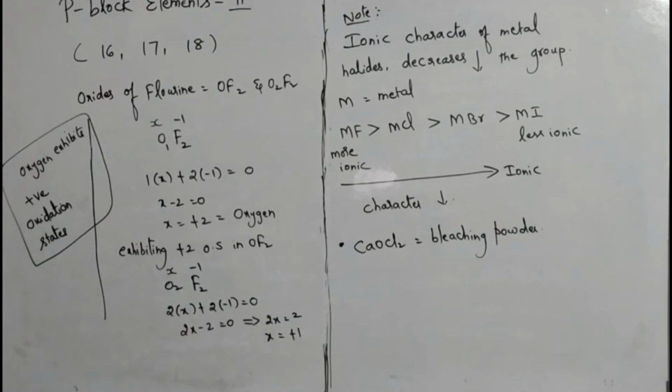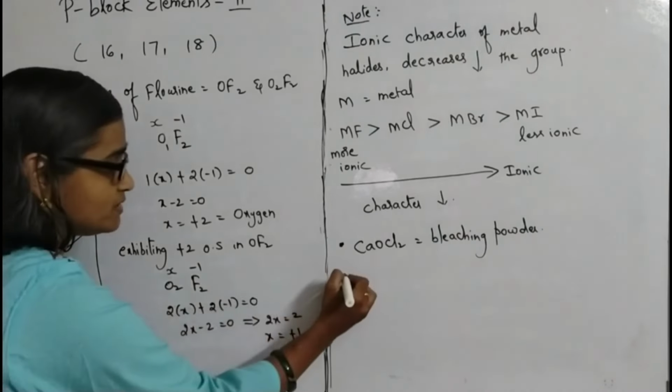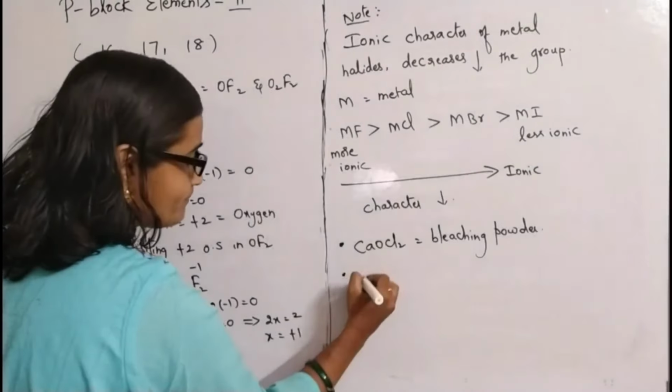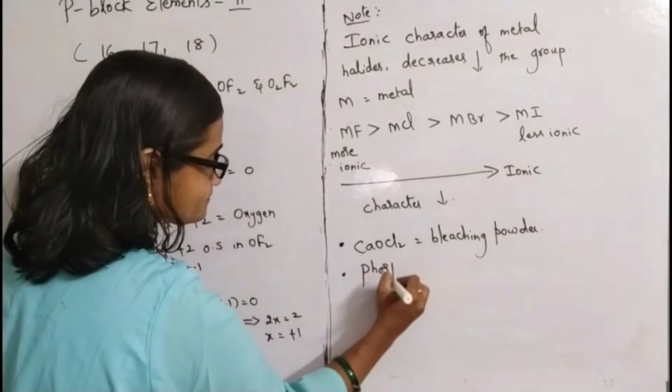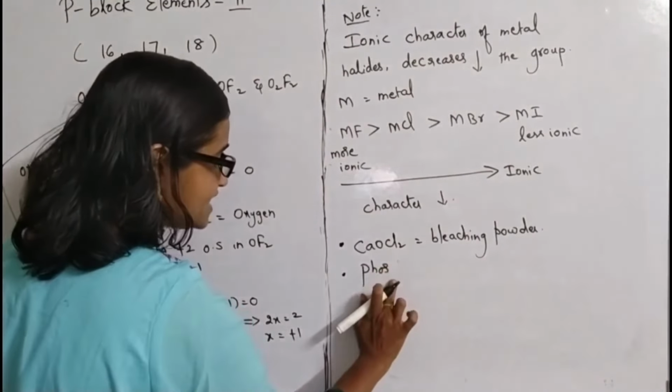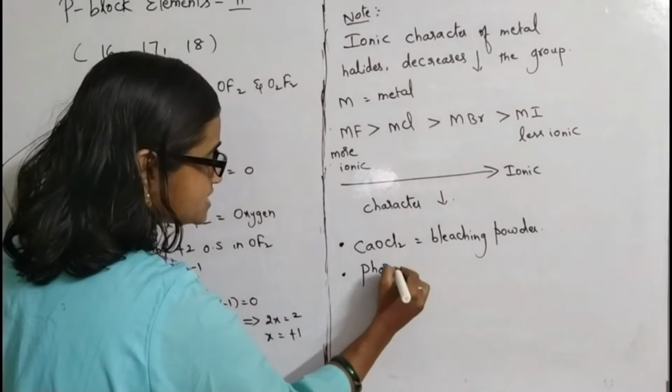And a poisonous gas is formed with chlorine, like phosgene. Please remember, in compounds of chlorine, phosgene is a poisonous gas. Phosphine is different, phosgene is different.